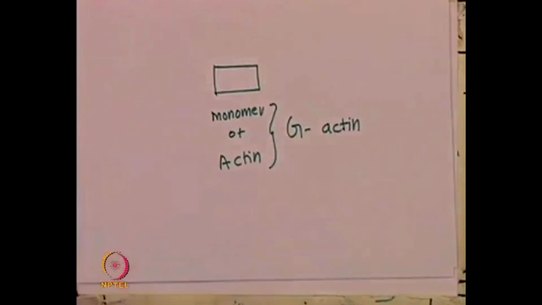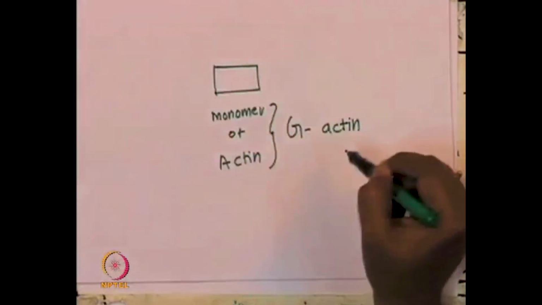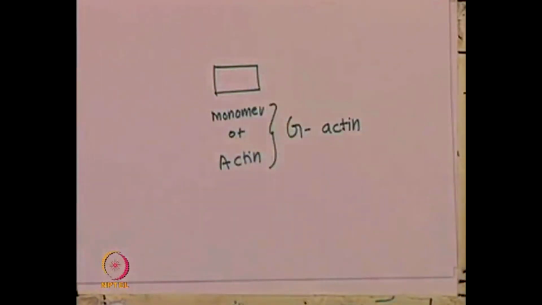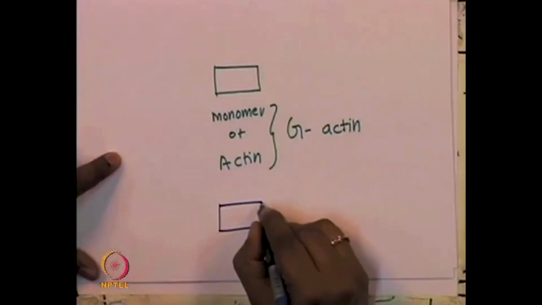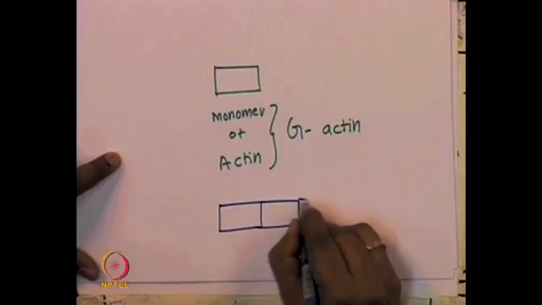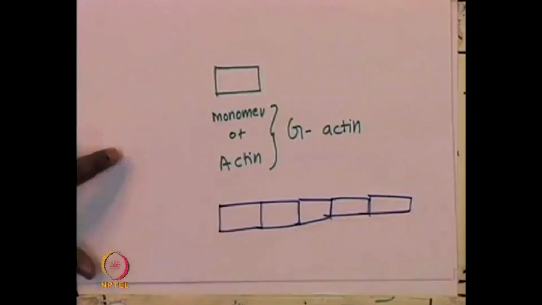It is called globular actin sometimes. So, the monomer of actin is G actin, and this monomer polymerizes and becomes a long polymer. Polymerizes means they join together. So, one after another, many monomers join together and form a long polymer.